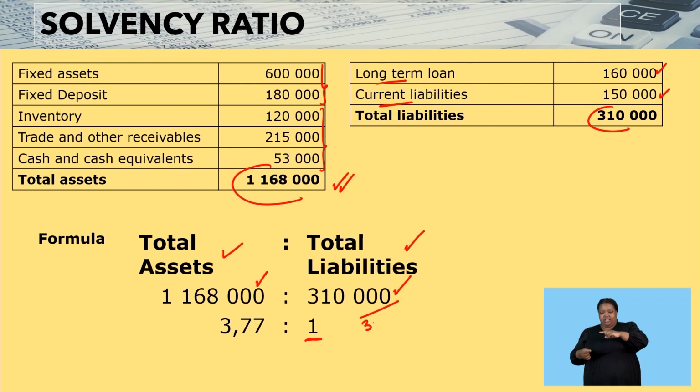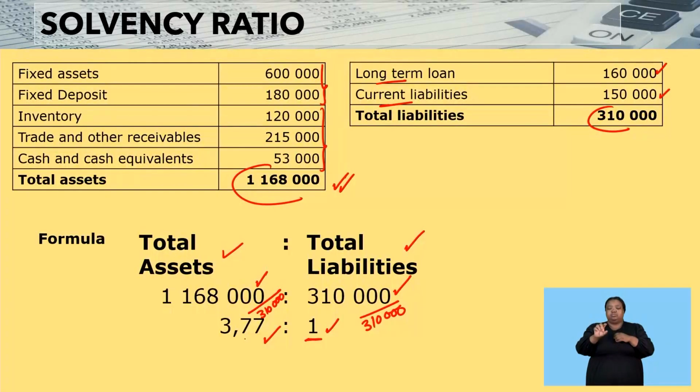I divide 310,000 by 310,000 and that is how I get 1. Then I divide 1,168,000 by 310,000, and I end up with 3.77 as to 1. So my answer for the solvency ratio is 3.77 as to 1.